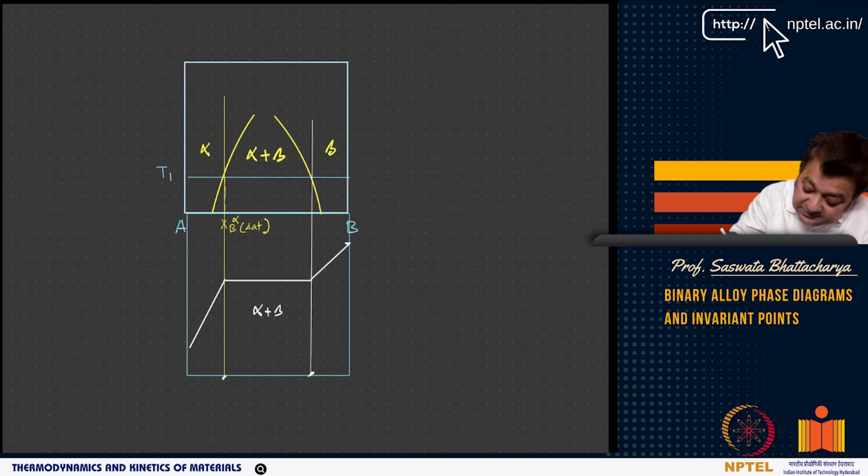I am again doing this at temperature T1. This saturation point is the maximum amount of A that can dissolve in beta, which is primarily B. If you draw this vertical line, this is the composition.